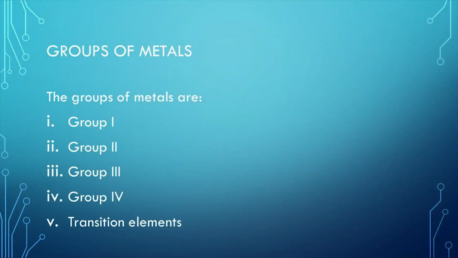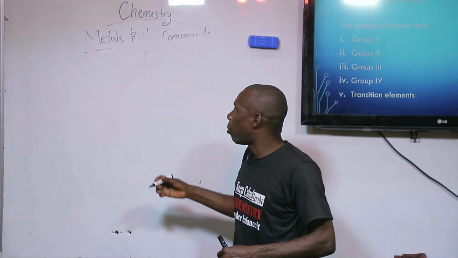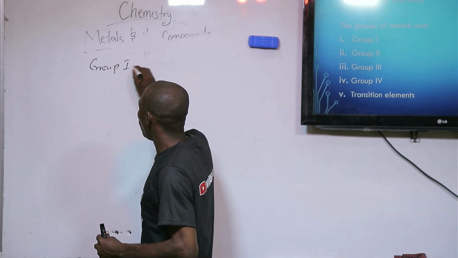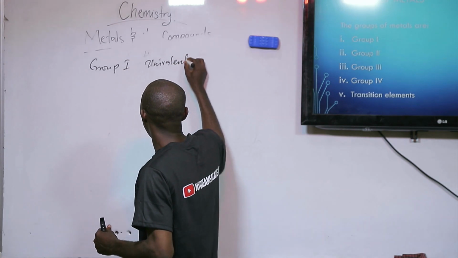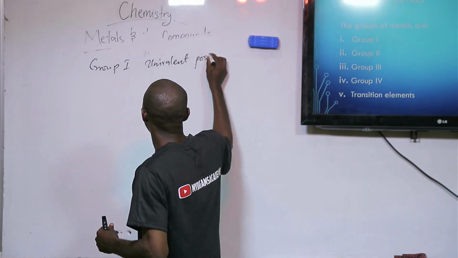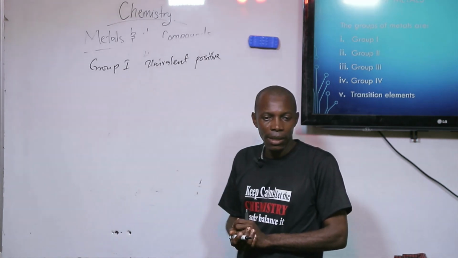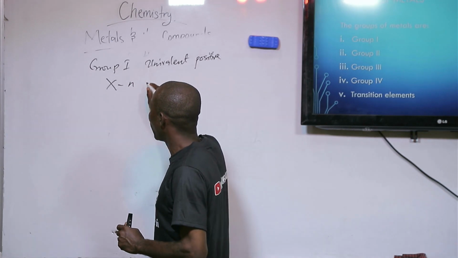So in the grouping I was talking about, in the metallic, you find out that in terms of valency, the group 1 or the alkali are what? Univalent, positive, in the sense that they will lose 1 electron to form their cation.